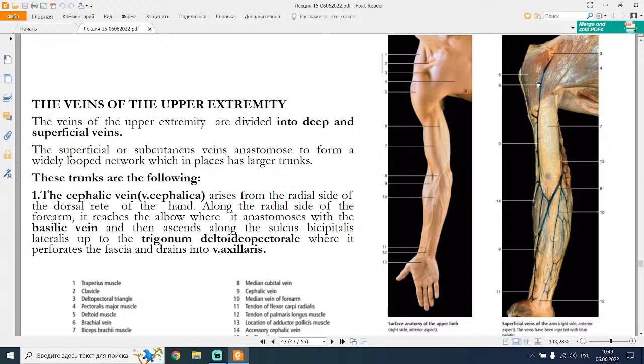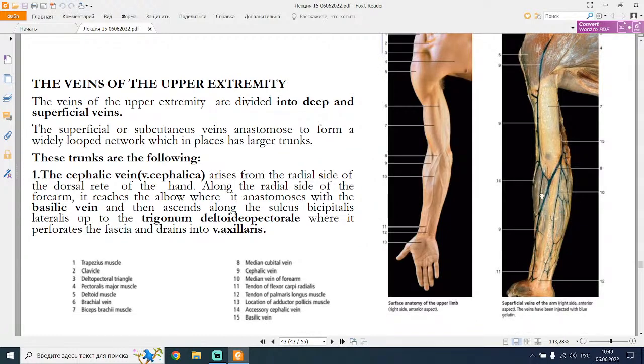What do you see? Vena cephalica. It arises from the radial side of the forearm. It reaches the elbow where it anastomoses with the basilic vein, vena basilica.